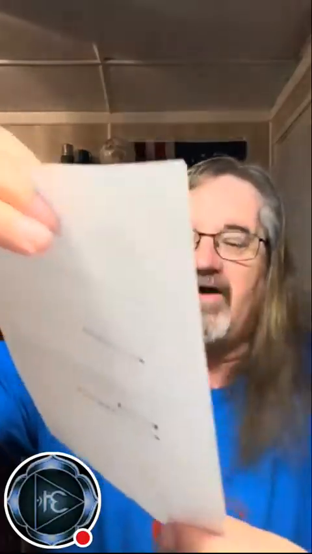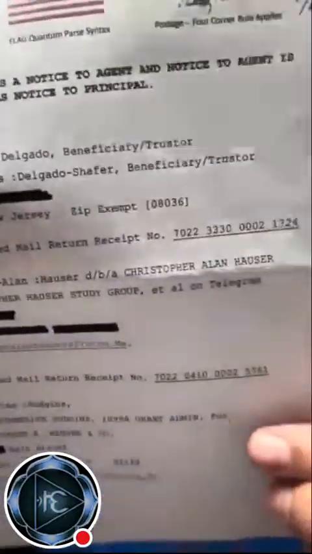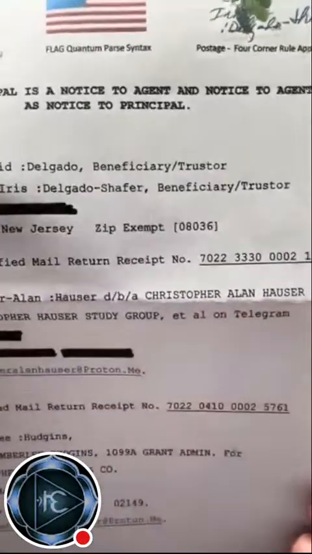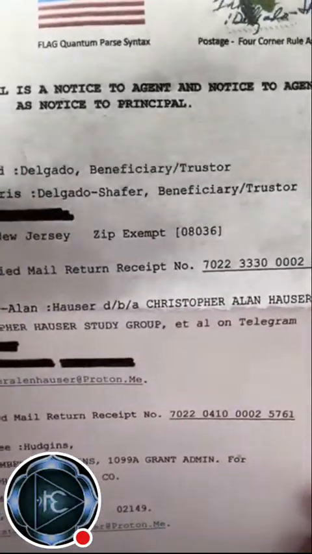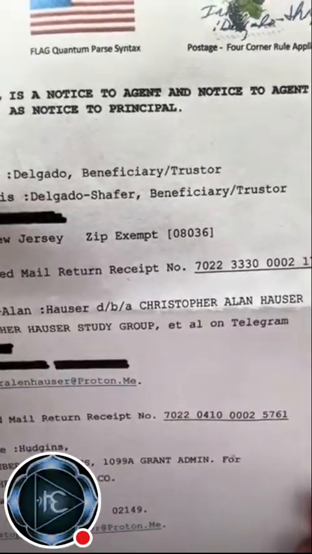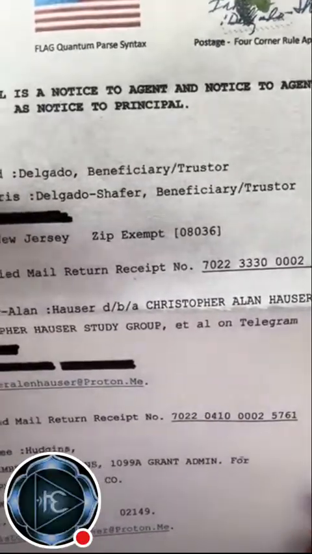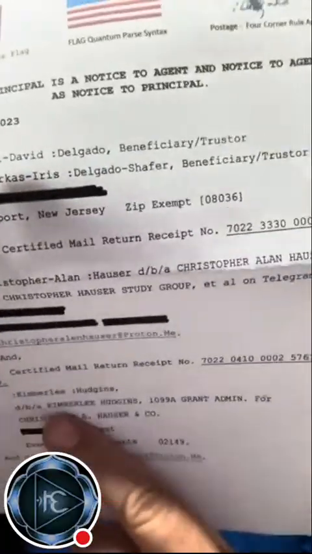And then they put via certified mail return receipt, right here, 7022-0410-0002-5761, and put this Kimberly, I think it's Higgins, from Everett, Massachusetts.